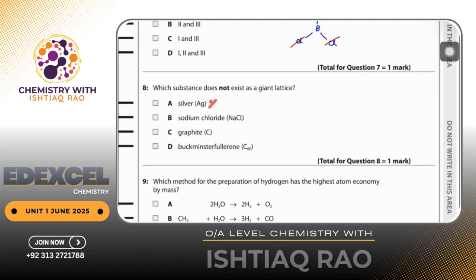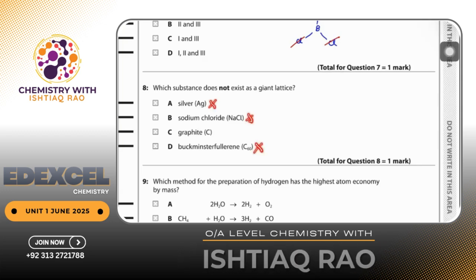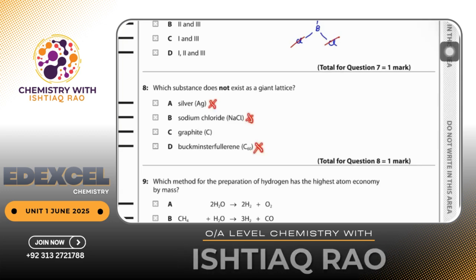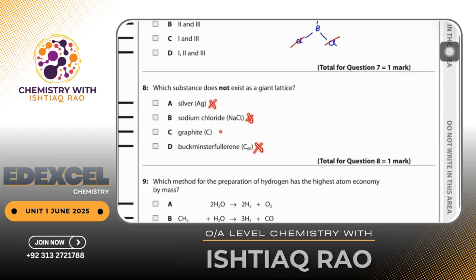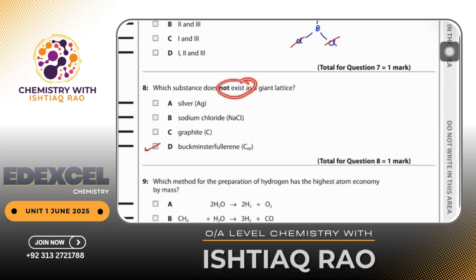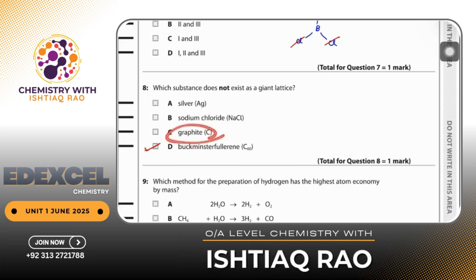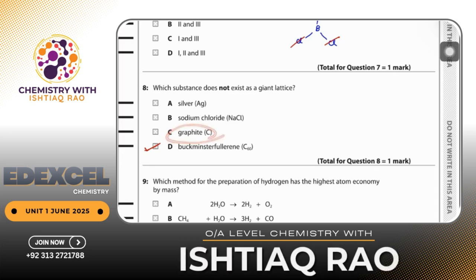This is metal, it has a giant lattice. This is ionic, it has a giant lattice. This is Buckminsterfullerene, covalent, but it is not a giant structure. So D is correct, because they were asking which substance does not exist as a giant lattice structure. C is graphite, and graphite is also a giant covalent structure, right?